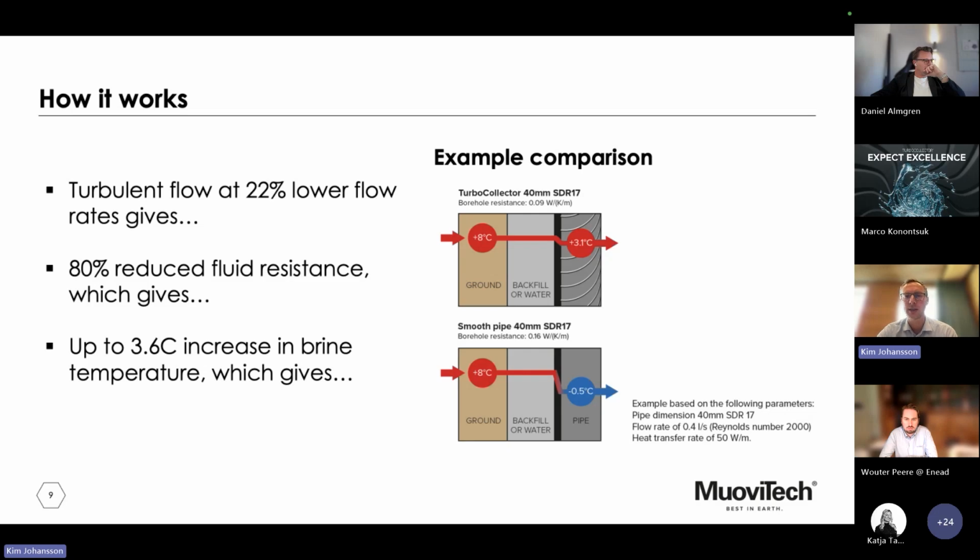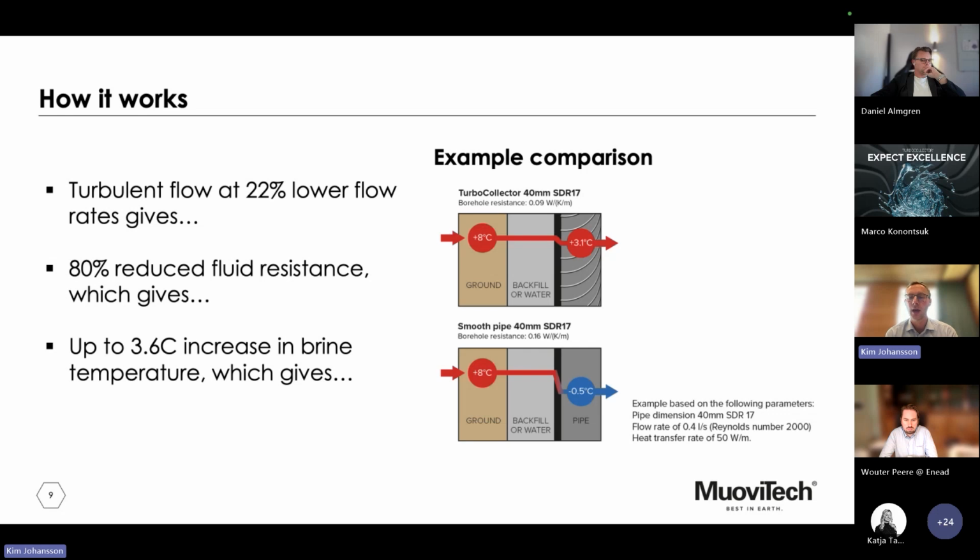As an example here, we have taken a probe with a flow rate of 0.4 liters per second using ethanol, or maybe it was MPG, I don't remember. Anyway, in this system, we have a Reynolds number of 2,000. So with a smooth pipe, it would be a laminar flow.